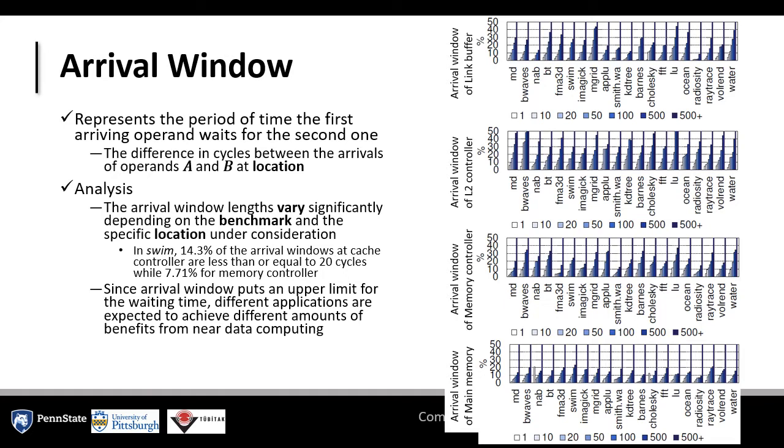Now we can see from these results that arrival window lengths vary significantly depending on the benchmark, depending on the application program that we are running, as well as the specific location under consideration.